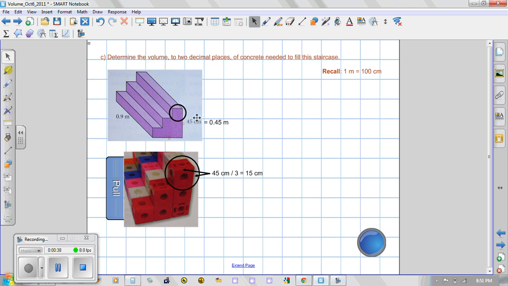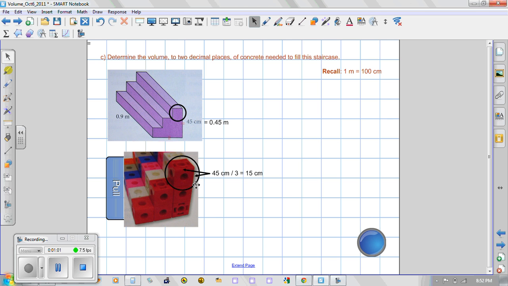And what we've done is, because it's 3 cubes high, I've taken the height of 45 centimeters and divided it into thirds, and there are 3 15 centimeters in that 45. So that means that the dimensions of one square will be 15 by 15.